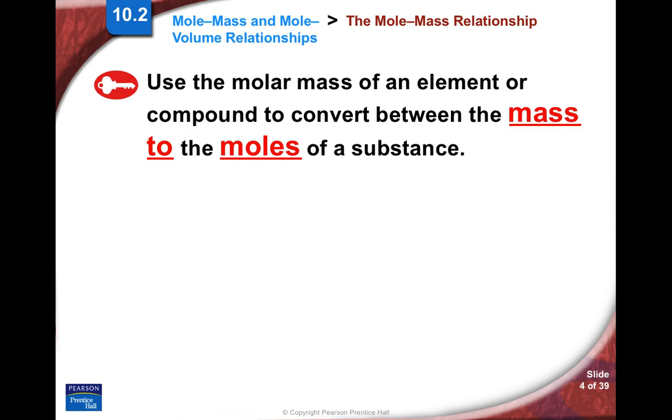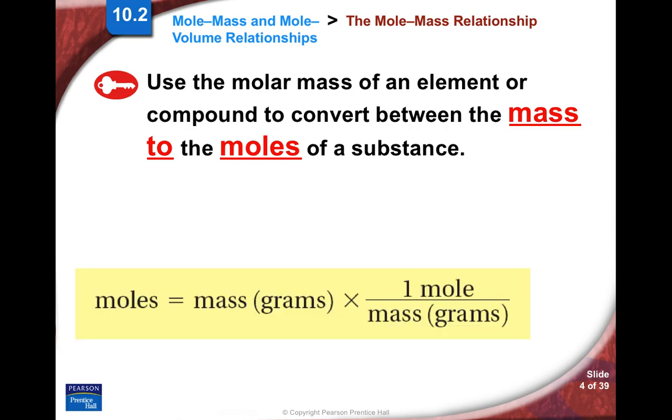When we're using the molar mass of an element or a compound, remember the masses for elements are on the periodic table. If you're doing a compound, you have to calculate the molar mass. That's a problem within the problem, if you will. So if I want to go from the mass into moles, this is what your textbook has shown as their little roadmap.